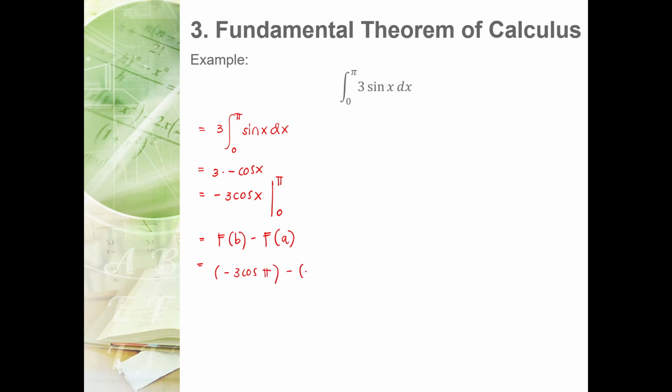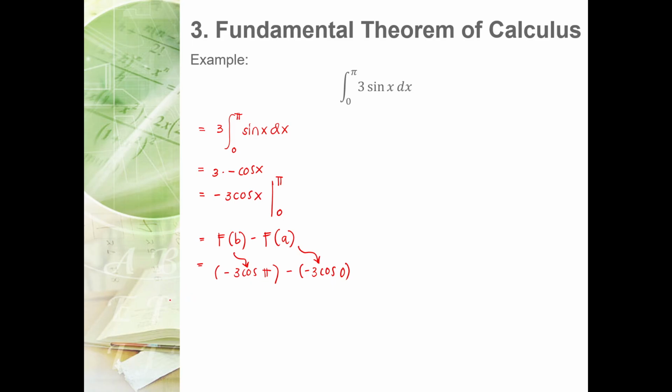Then minus negative 3 cosine of 0. So again, f of b and then f of a.